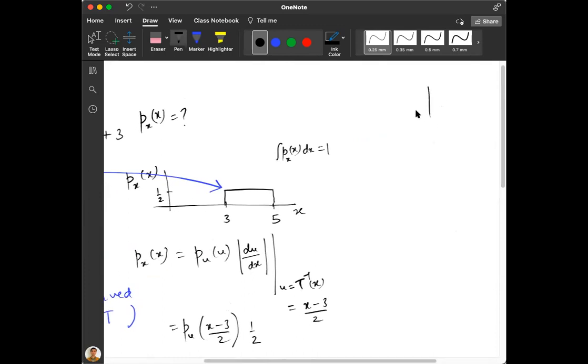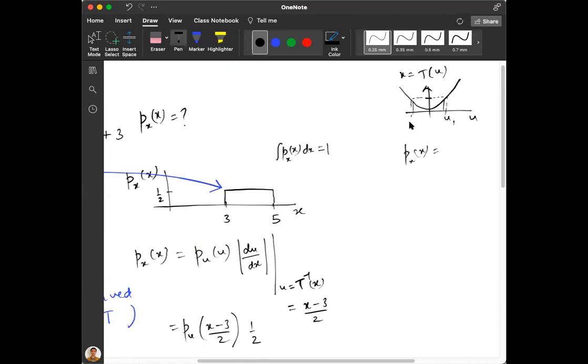We might have two values of probability. Let's say you have something like this, and x is equal to u squared. Then let's say my x is this. Then my p_X(x) will come from this mass and this mass.